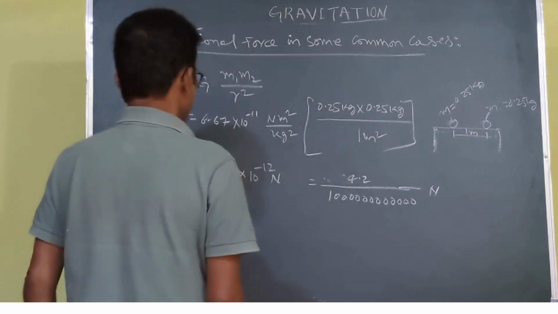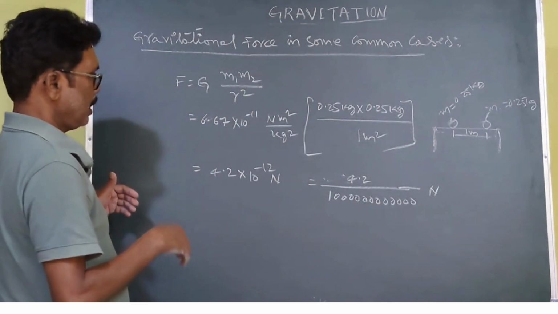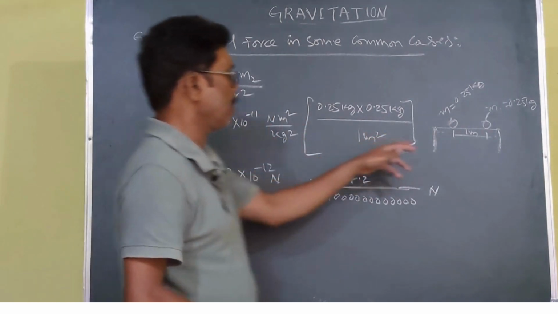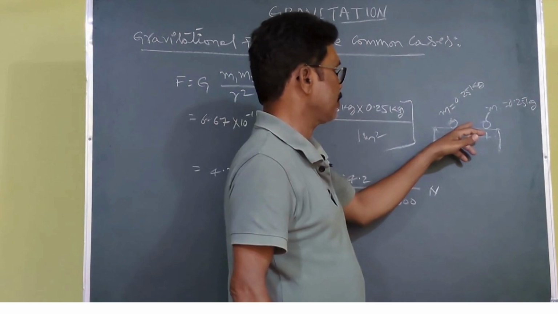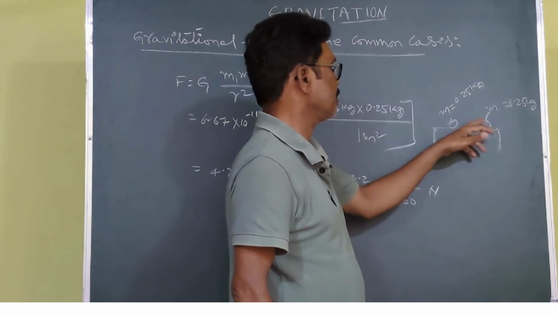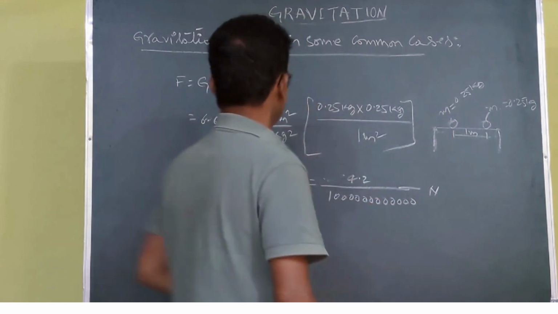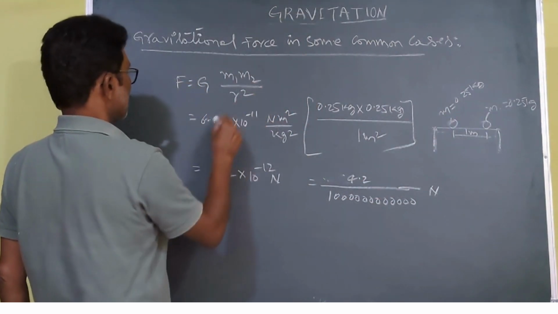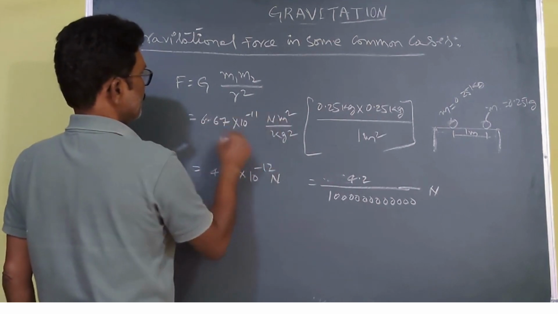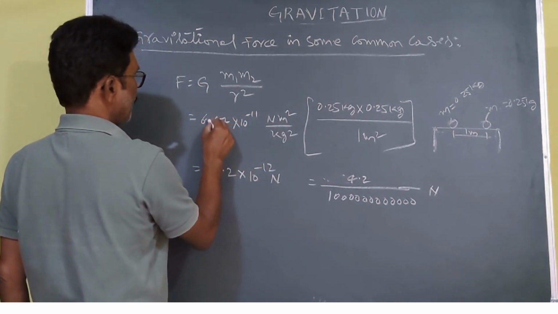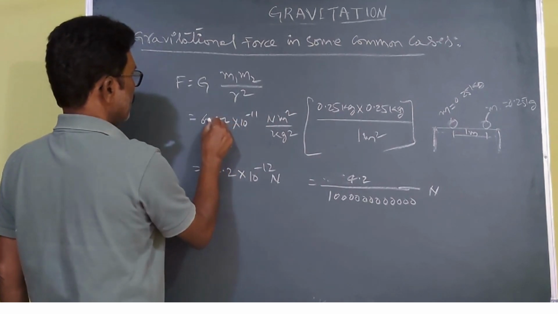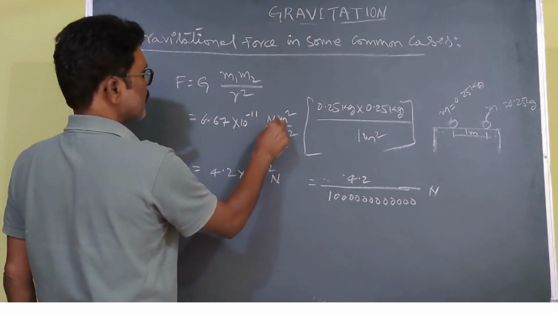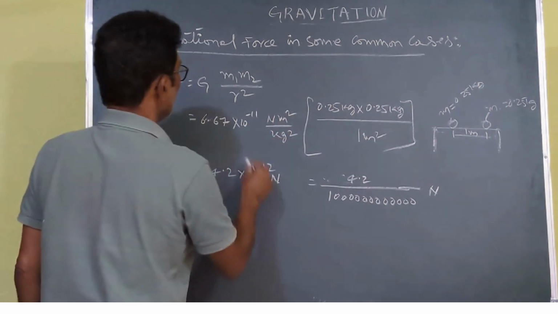You see how much force is established: the force exerted from one cup on the other cup, and the other cup on this cup. You take the formula F equals G times M1 M2 by R squared. We already found out the gravitational constant G, which is 6.67 times 10 to the power of minus 11, with units newton meter squared per kg squared.